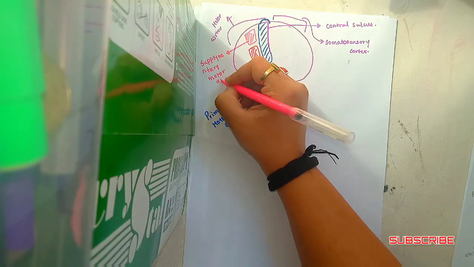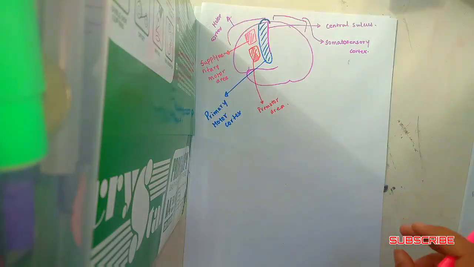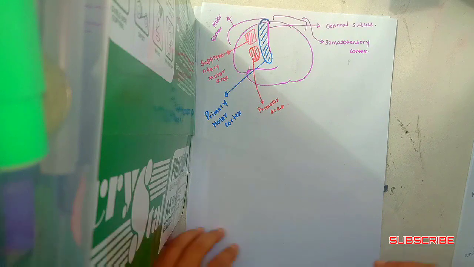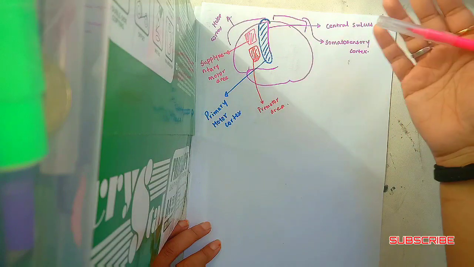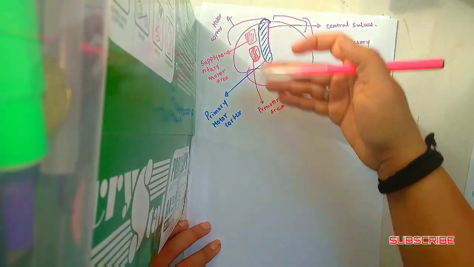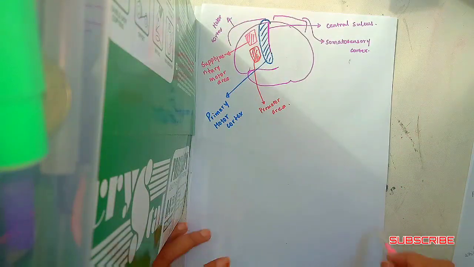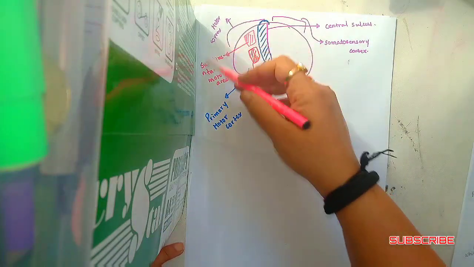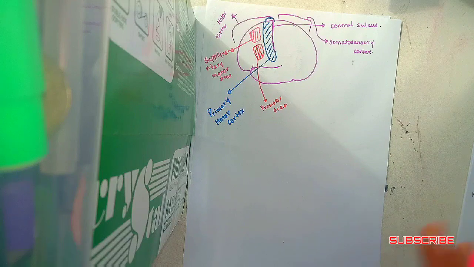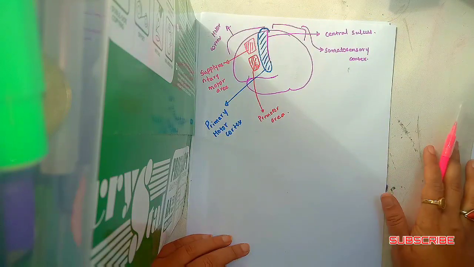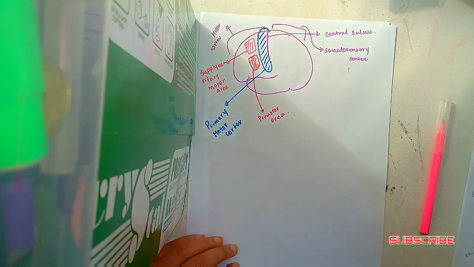So why do we need to know about the primary, premotor and supplementary motor areas? It is because the functions of these three are slightly different from each other. So let's begin with the primary motor area.